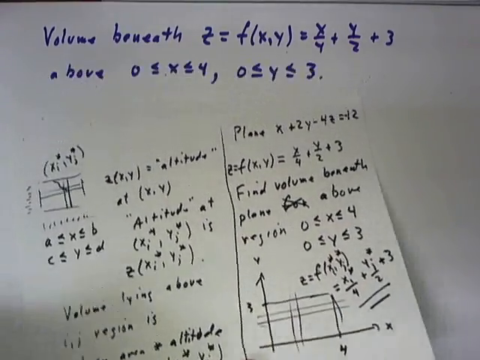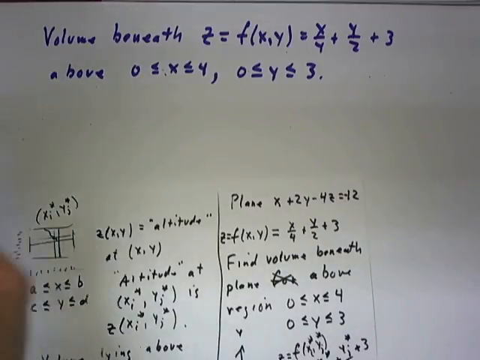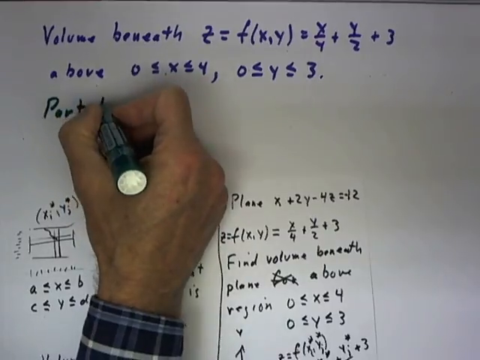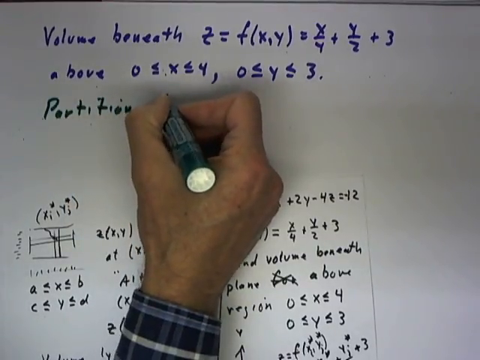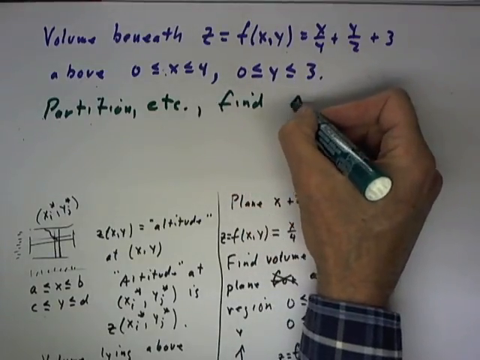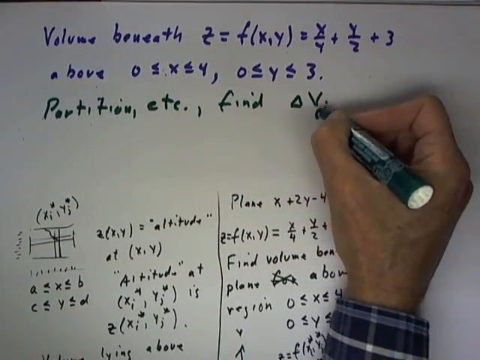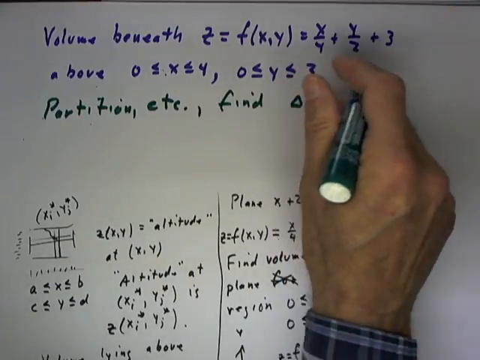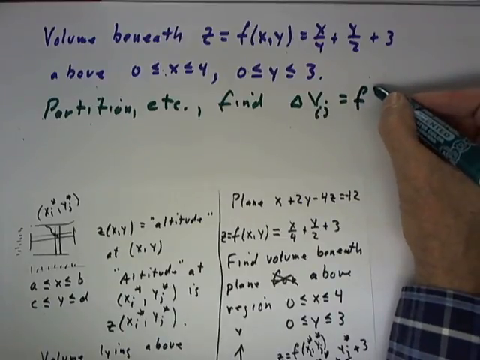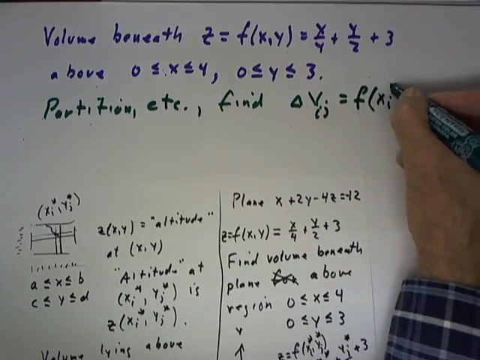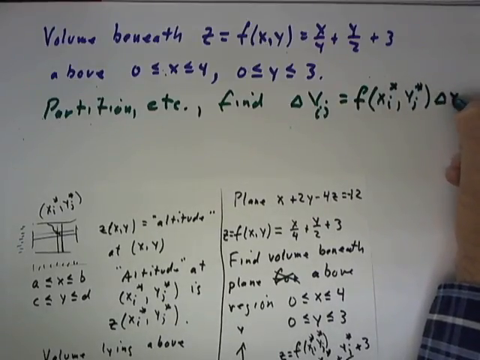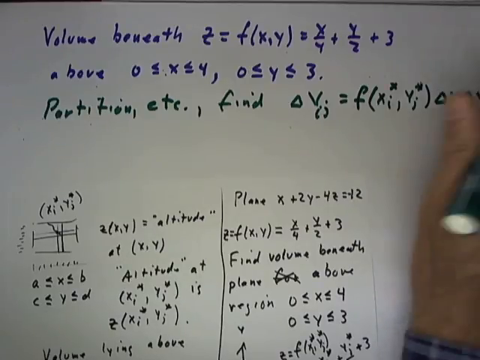From what we've seen here, we can pretty easily write down our volume increment. We partition, etc., and find that our delta V ij, our contribution to the volume from the ijth increment, is f of xi star yj star times delta x delta y.